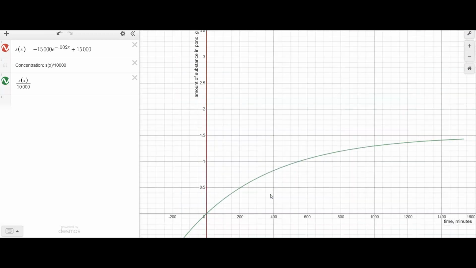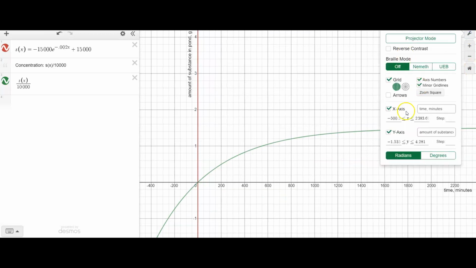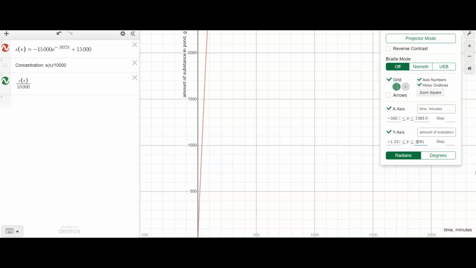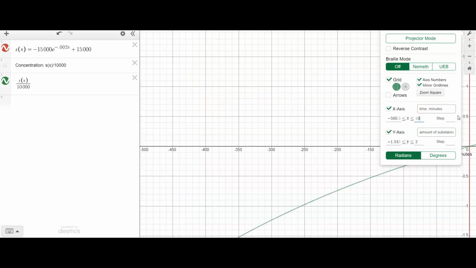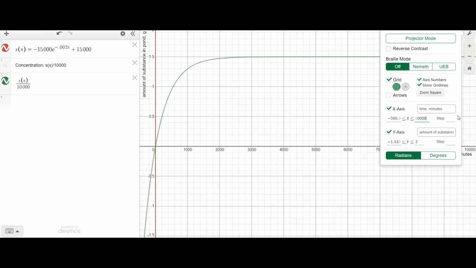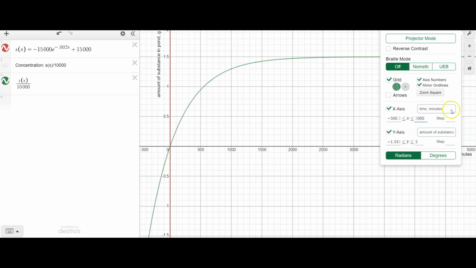I can see that that's starting to flatten out nicely over time. I can tweak this a little bit. I don't want to go quite up to 4. I can see that that's going to be well below 2. So now I can change my x-axis to go up to about 5,000 minutes. There we go.